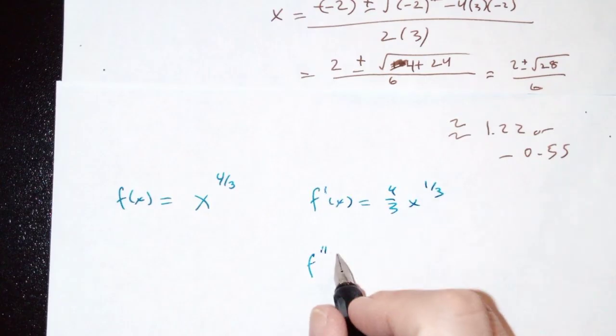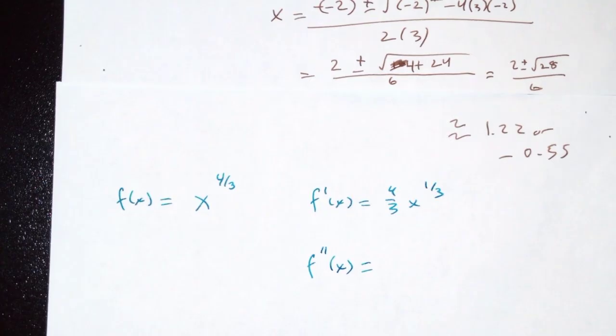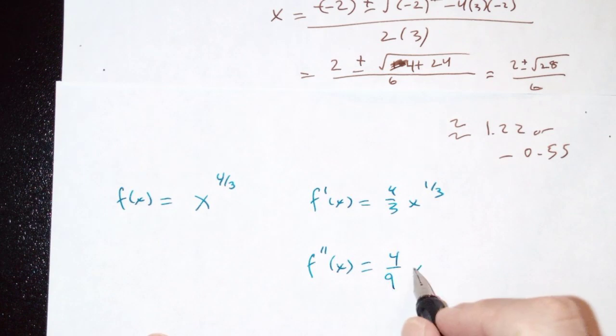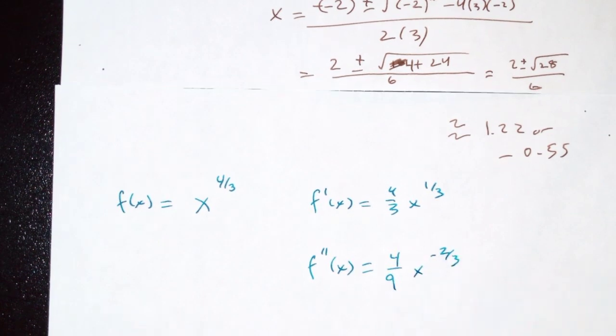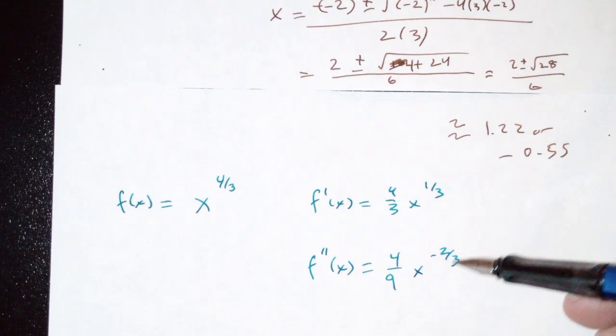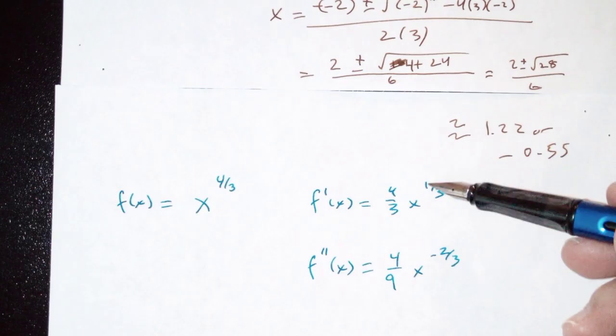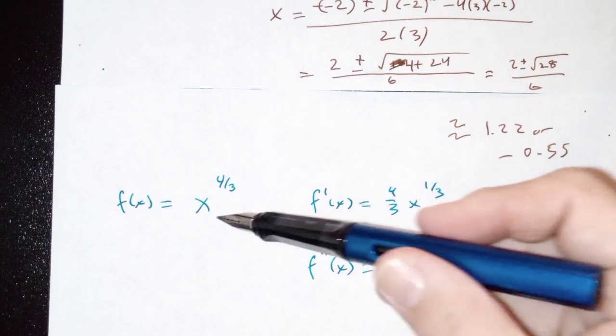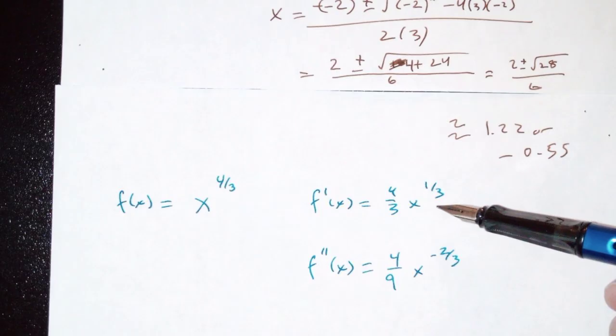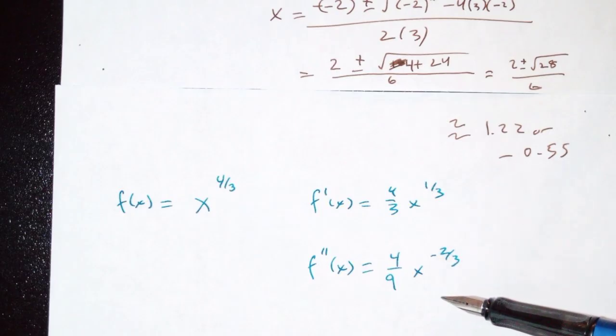What's my second derivative? Okay. Interesting point. This function's perfectly fine at 0. This function is defined everywhere. So is this. This one's undefined at 0.